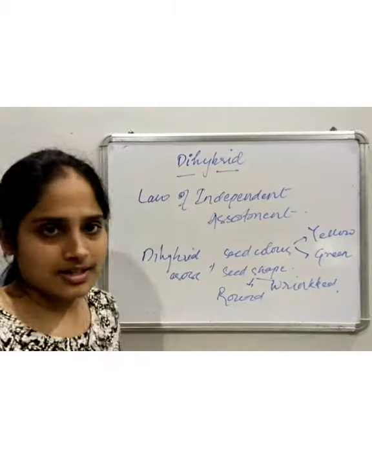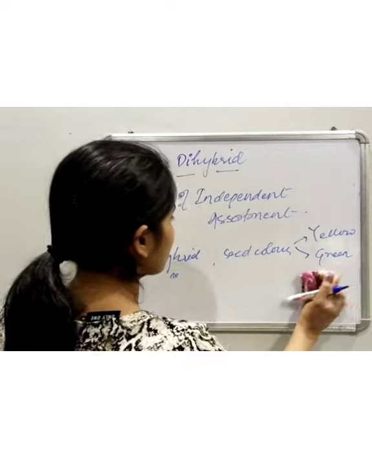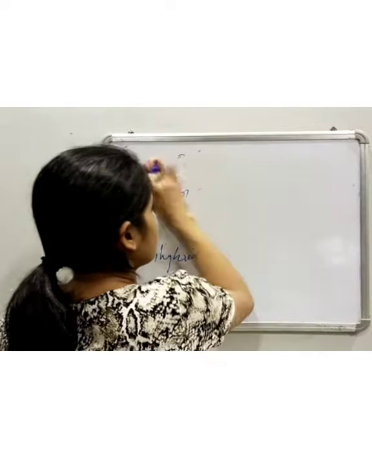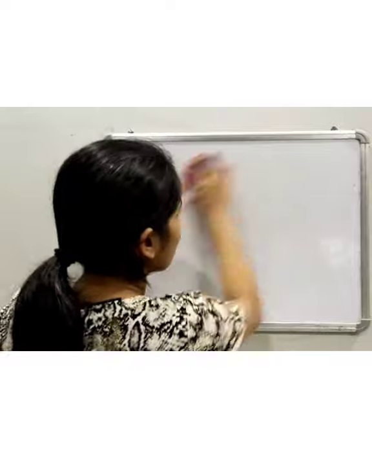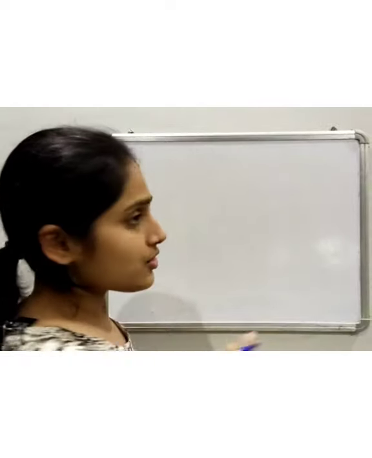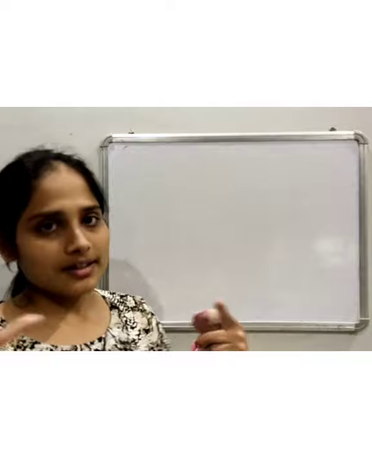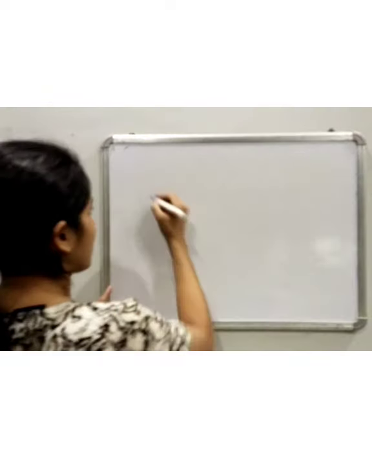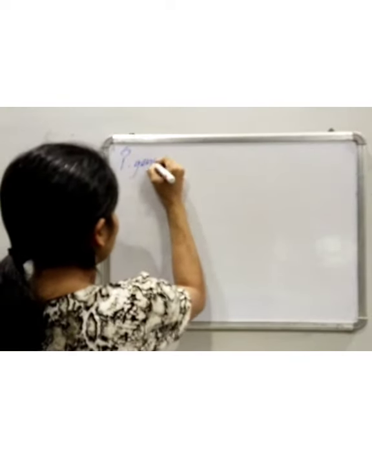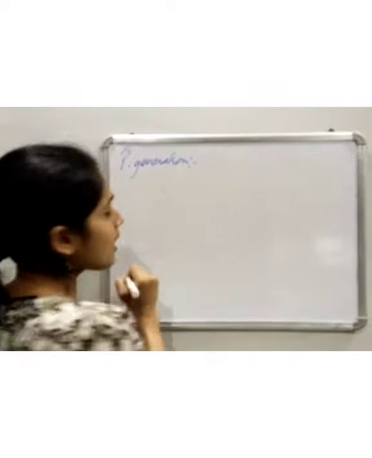Alright, so let's see how Mendel did and explained the dihybrid cross. He took two features and crossed two pea plants which had opposite features. So if one is round, then the seed of the other plant would be wrinkled. So he crossed this way. He selected two pea plants. That is the parental generation, P generation.